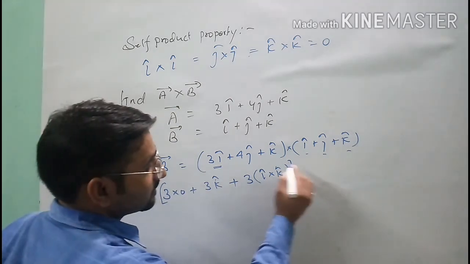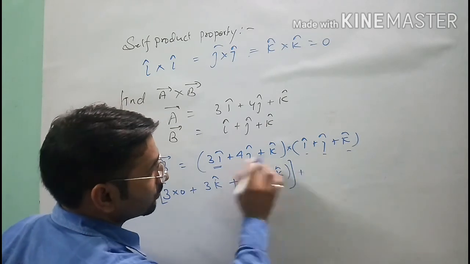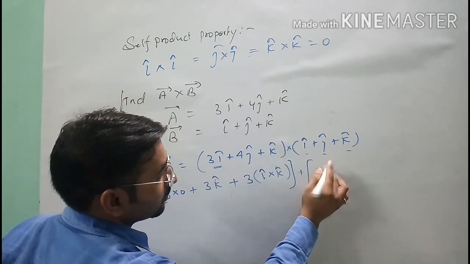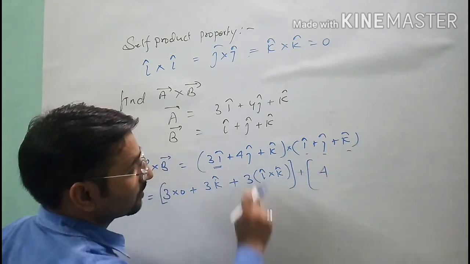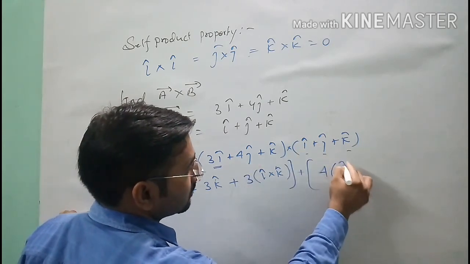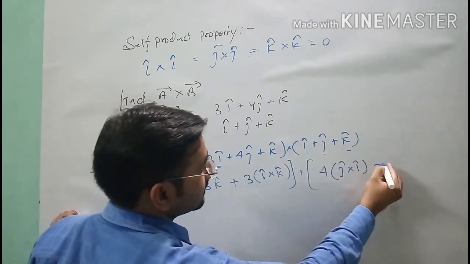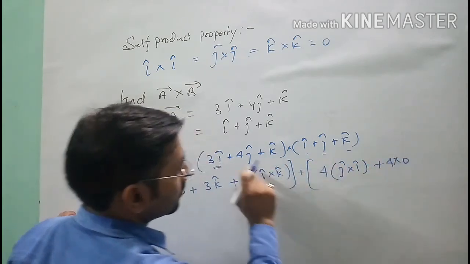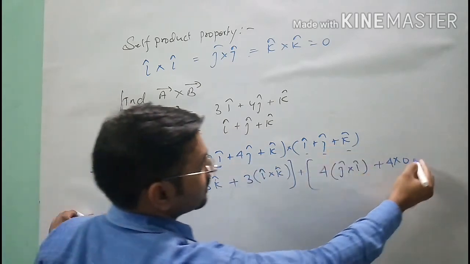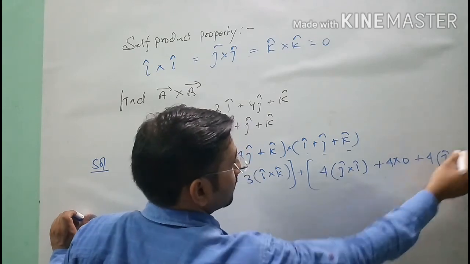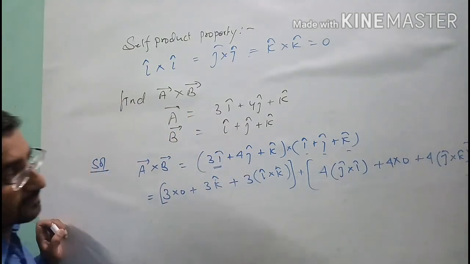Clear? After that, see here, 4j cap is multiplied by i cap, so it will be j cross i, and after that this will be multiplied by 4 into 0. When this is multiplied by 4 into j cross k, this step is also completed.